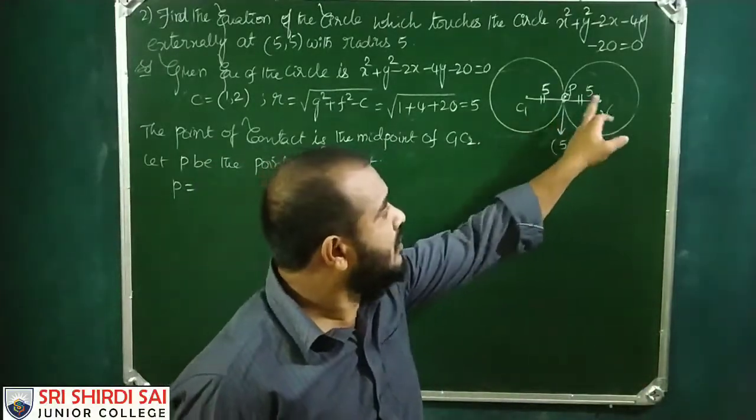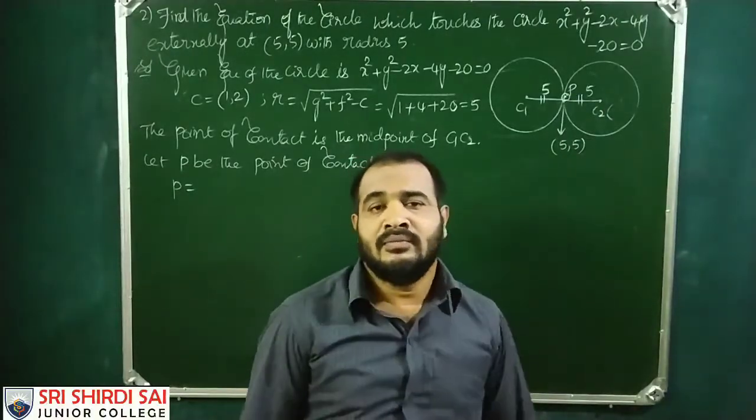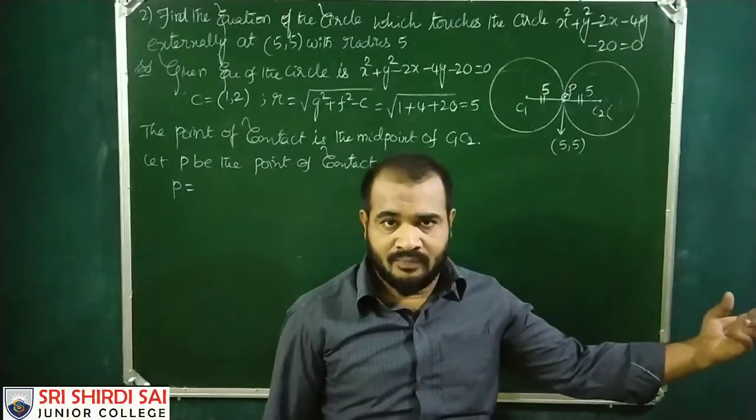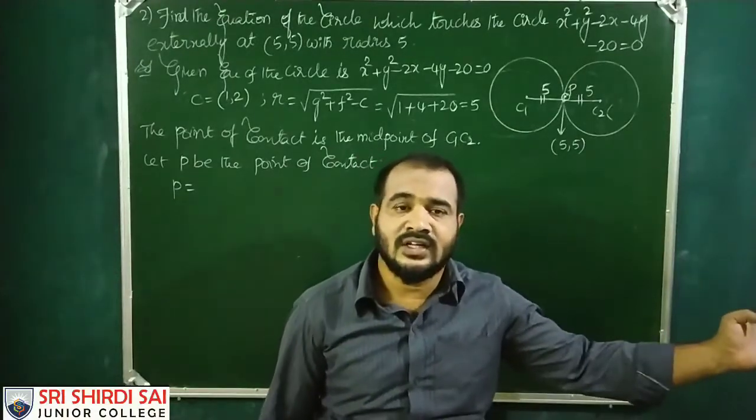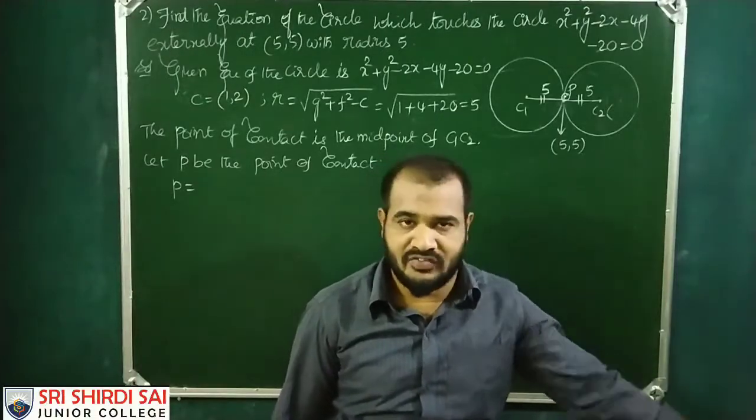Here R1 and R2 are the same, so the internal center of similitude will become the midpoint itself.